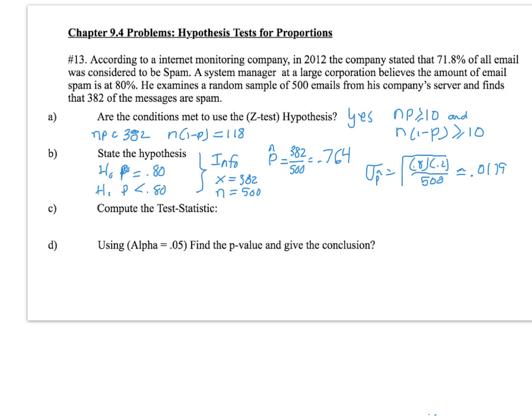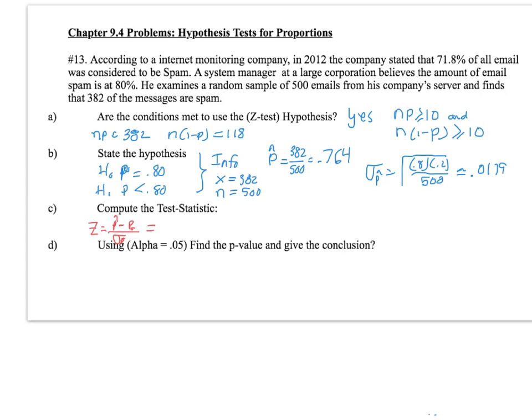Okay, so now we're going to compute the test statistic. The test statistic, right, is Z is equal to P hat minus P naught divided by sigma P hat, right?